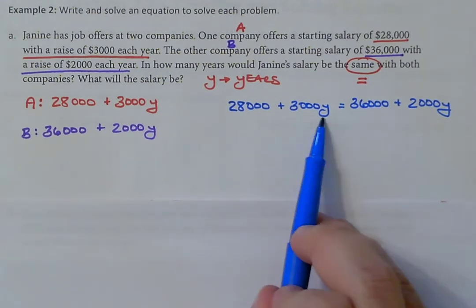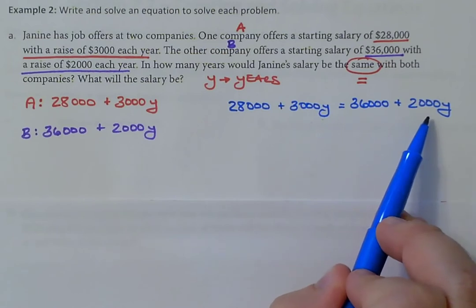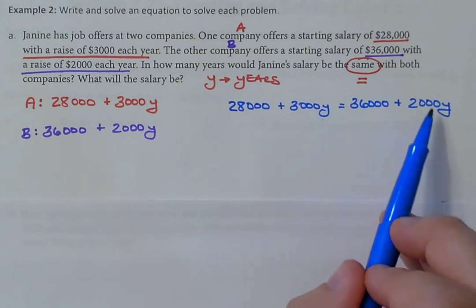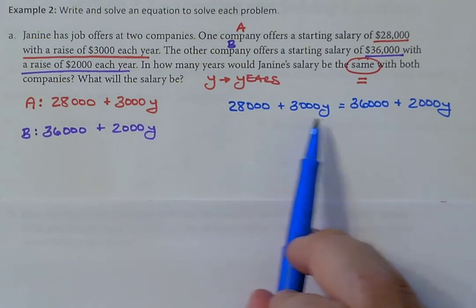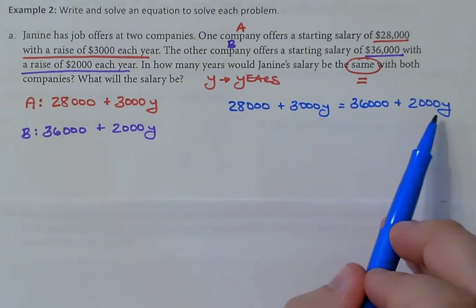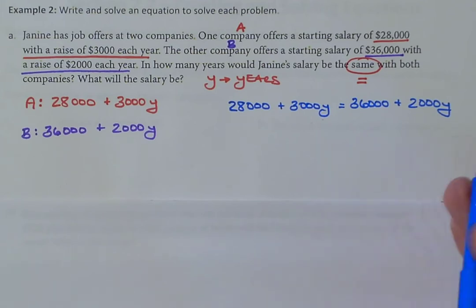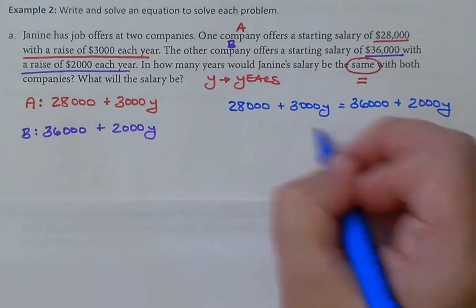So we need to go through and solve. We have variables on both sides, so we need to get the variable on one side. I generally like to move the variable to the side where the number is larger. So 3,000y is larger than 2,000y, so my first step is going to be moving the variable to the left.